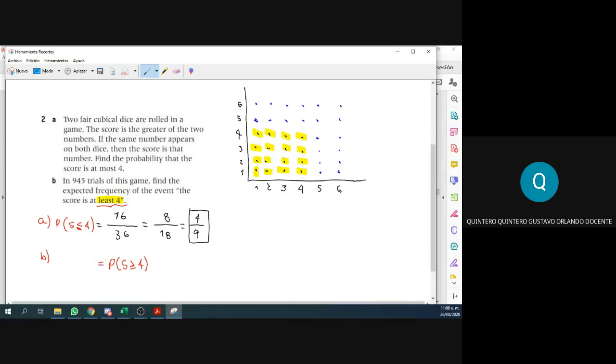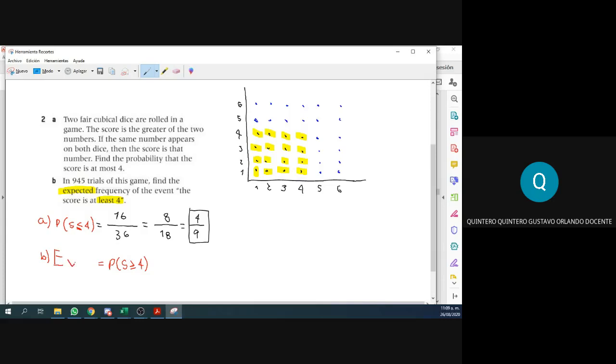Look, I leave this space because of the question in this exercise. They're asking us to find the expected value. So we are not only asking for the probability. No. We want to go even further beyond. We want to find the expected value.